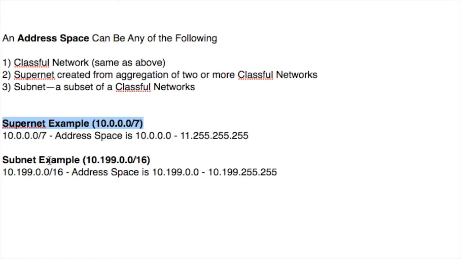We could say the 10 network is actually subnetted, and we're going to look at this through the lens of the 10.199 subnet, and we're going to have some smaller subnets that we build around our network, but we're going to look at the contiguous versus discontiguous argument based on this address space. We'll take a quick look at how that would work in a topology as well. So first thing, let's say that we're going to use this address space. It's a supernet.